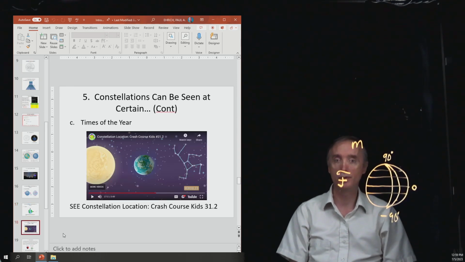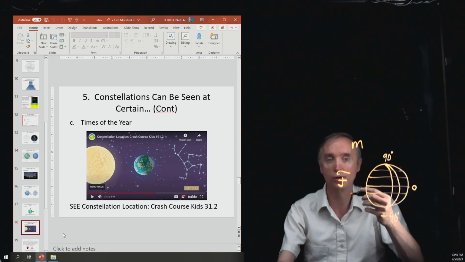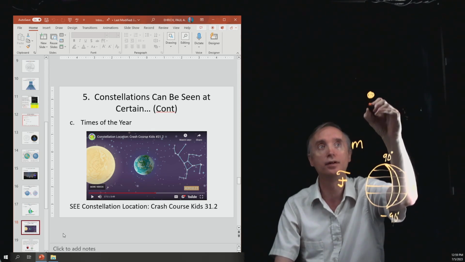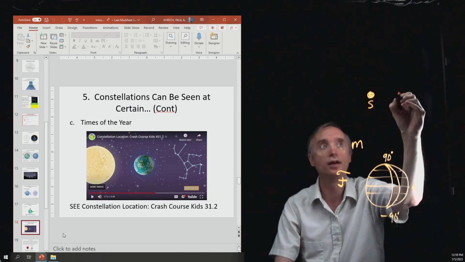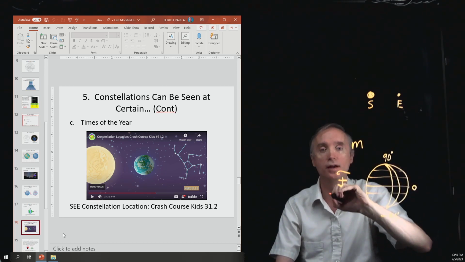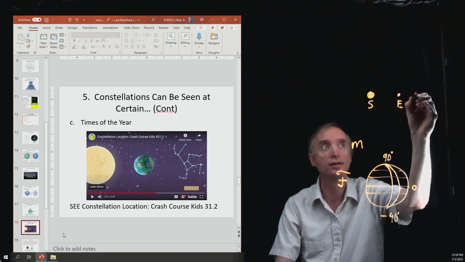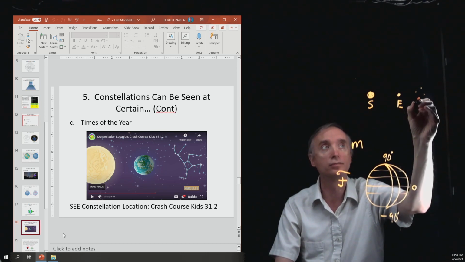Okay, it's also going to depend on the times of the year. So the best way to figure this out is, if the sun is located here, and then the Earth is located over here, and let's say that you're interested in a constellation that's over here.